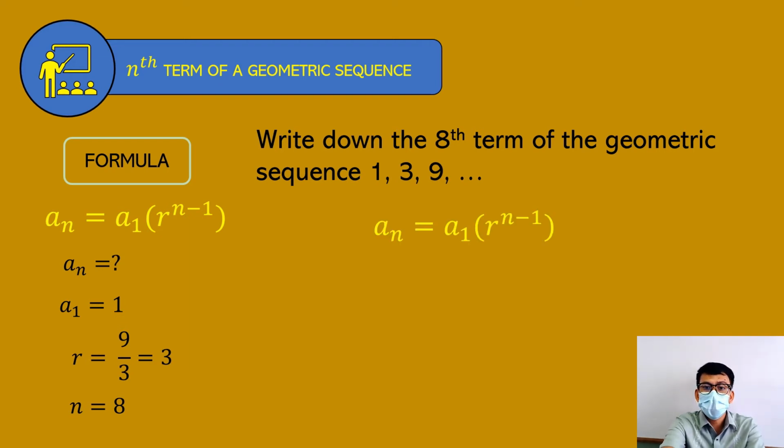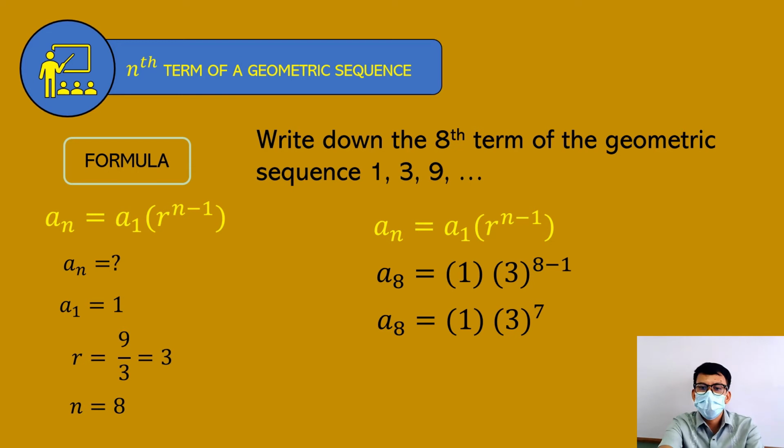Using the formula, let's substitute. a sub n, your n is equal to 8, so a sub 8 equals a sub 1, which is 1, times r, which is 3, to the power n, which is 8, minus 1. Okay, next. So we have 8 minus 1, that is 7.